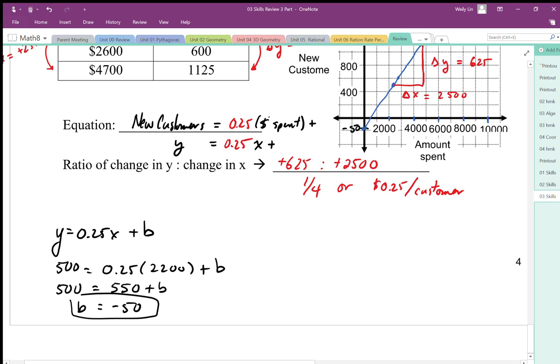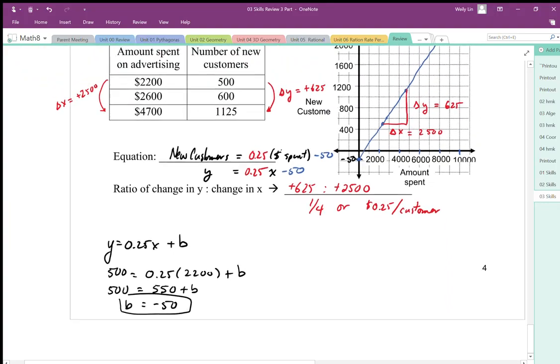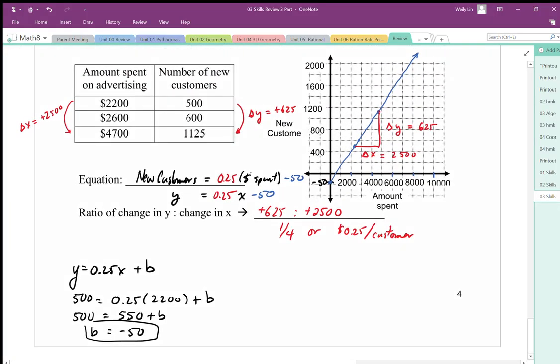And so then I can plug in that b as negative 50, so I'm going to do minus 50 as my starting point. So minus 50 represents the starting point. And so there's my equation. Y equals 0.25x minus 50. And that represents the equation that allows me to calculate this table of values and plot these points on the line.